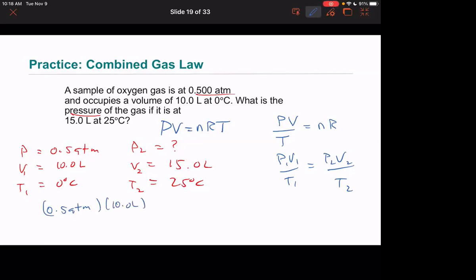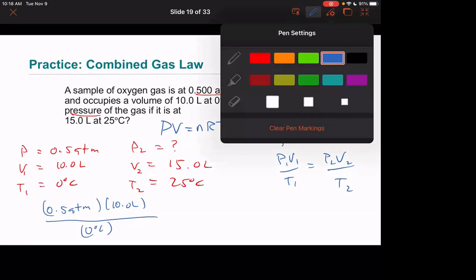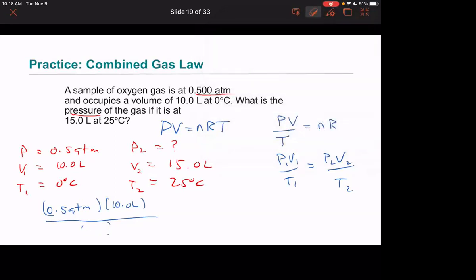What is it? Maggie caught my mistake. I have to be in Kelvin. Got to be in Kelvin. So we'll have 273 at the bottom rather than 0.